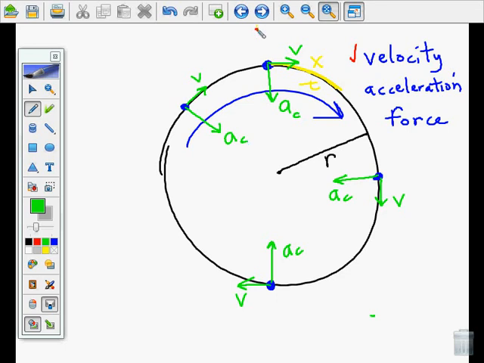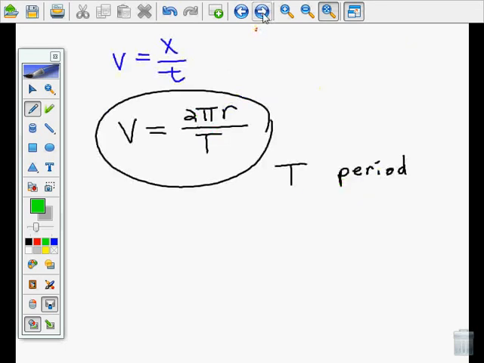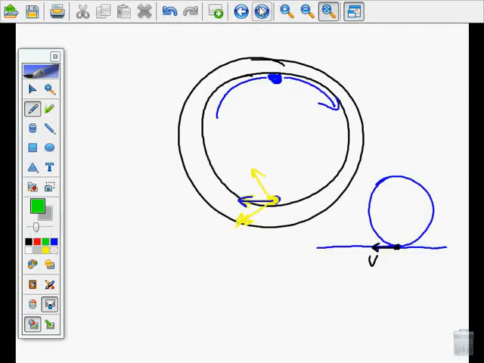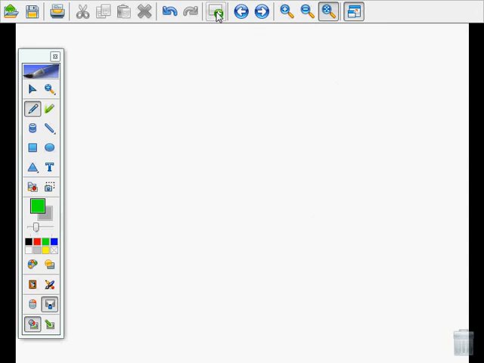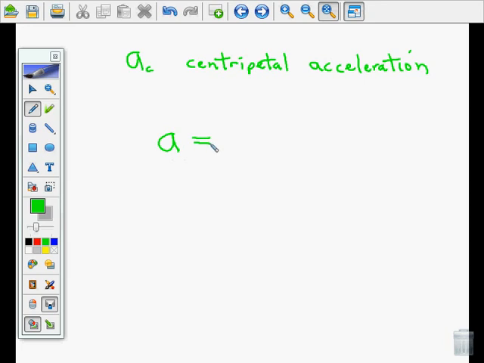Now, if you want to calculate the acceleration, you might be thinking, oh, let's use our acceleration formula, v_f minus v_i all over t.